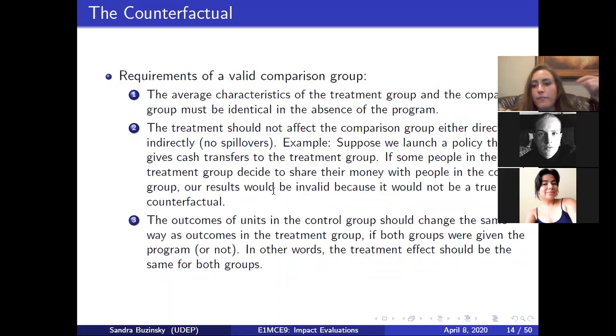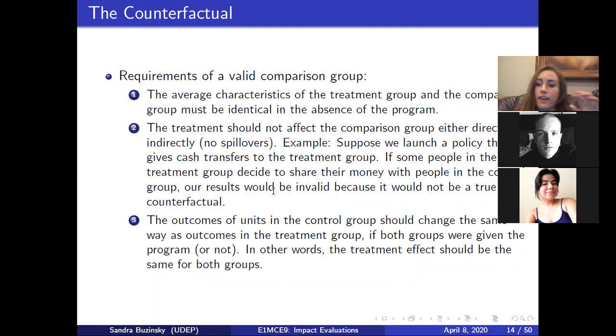So for example, if I have a characteristic age, I take the average age for a treatment group and the average age of control group, and we want them to be statistically identical. That doesn't mean they have to be exactly 35.